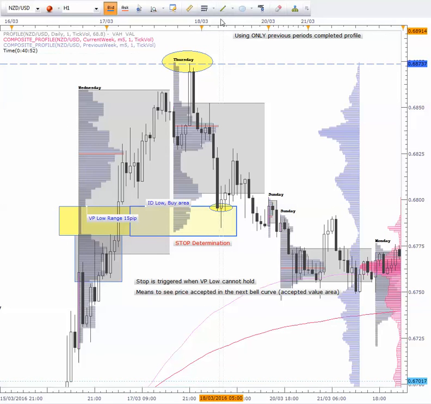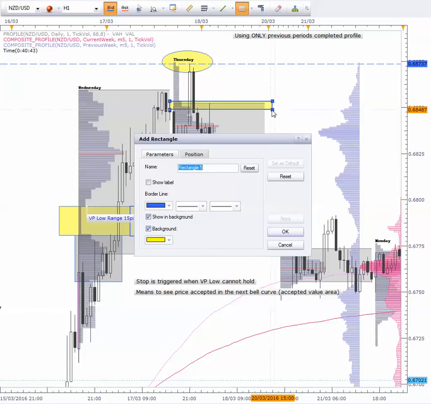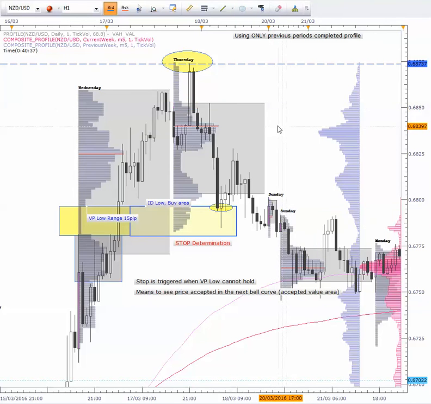The target would be right back up to, well, see, I can't say that right now because this would have been a developing profile, and I don't know what it would have looked like at 5 o'clock in the morning.